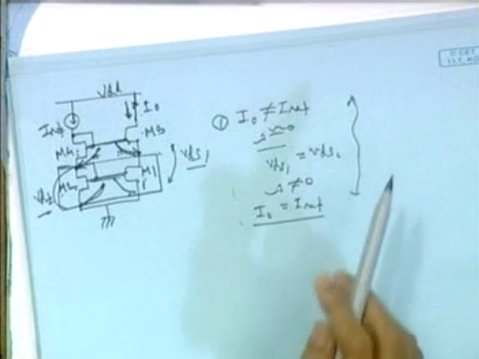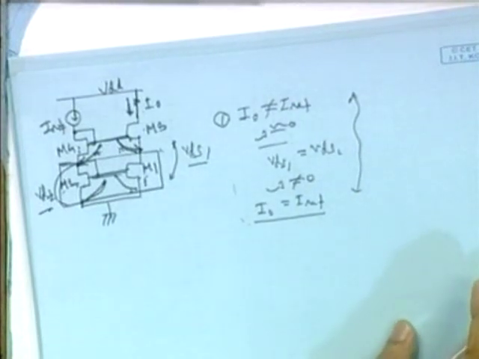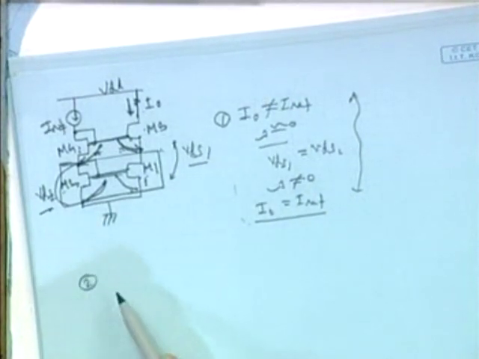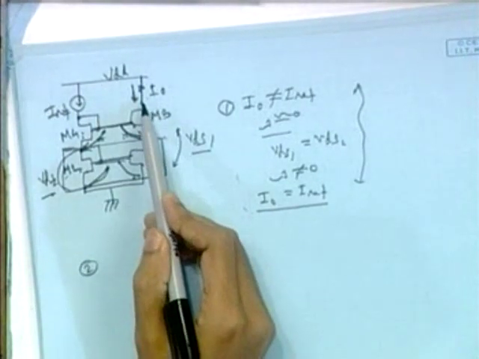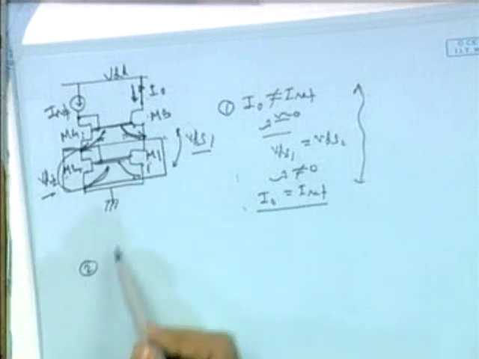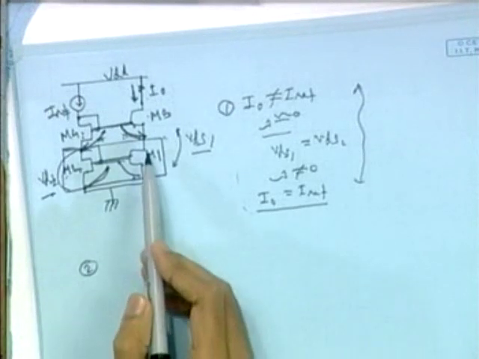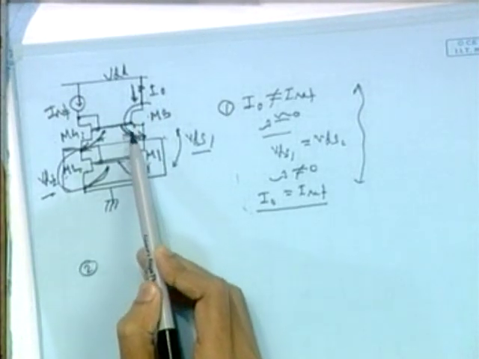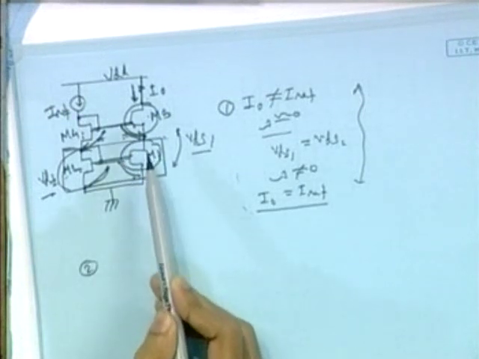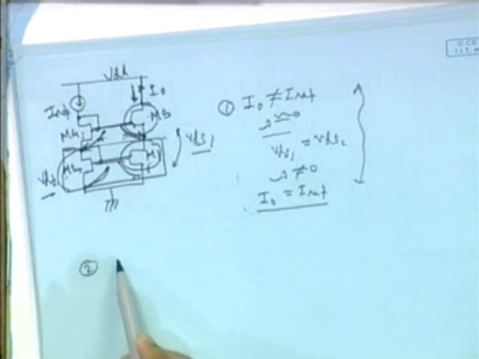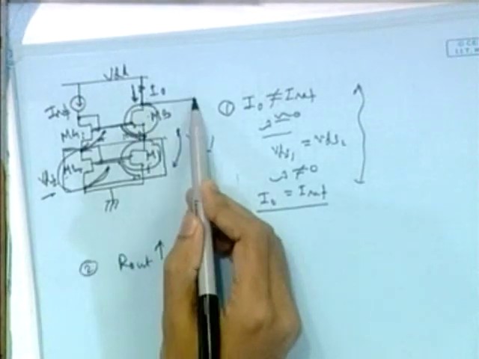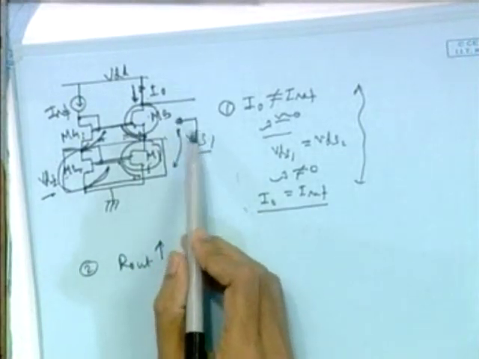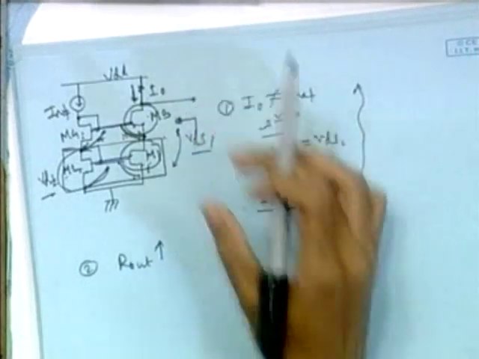This is due to Razavi, and the second logic is, I think, better. This is from Allen and Holberg, which says that we are basically cascading M3 on M1. As I have said, cascading increases Rout. Rout means the resistance looking between these two ports.